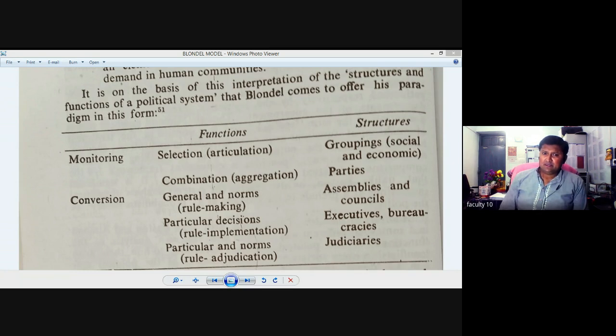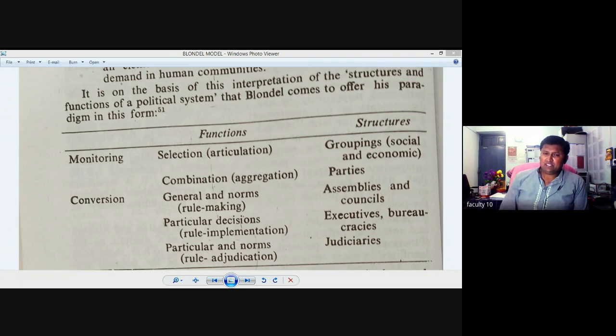This articulation and aggregation by different groupings and political parties are at the input level, and the political system has to convert the input into output.